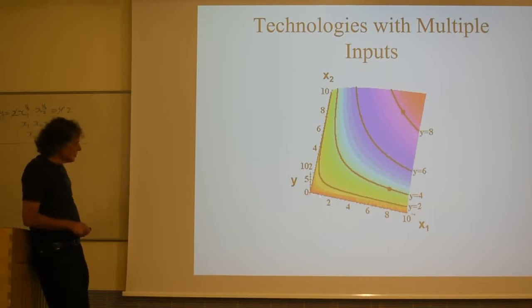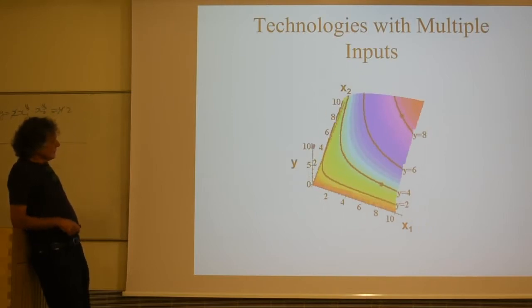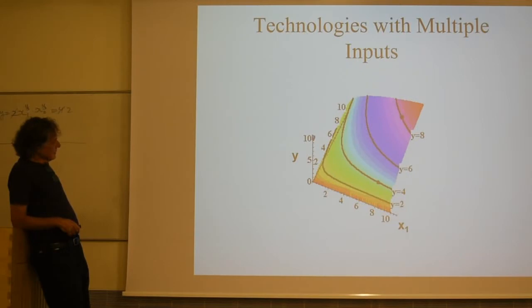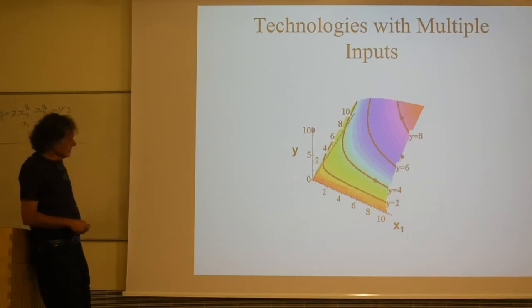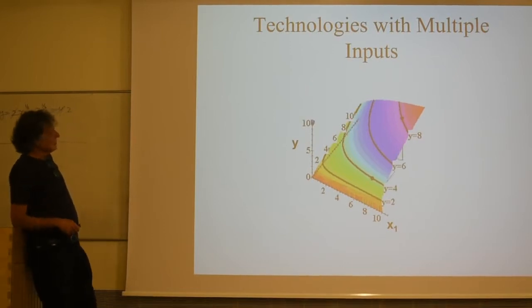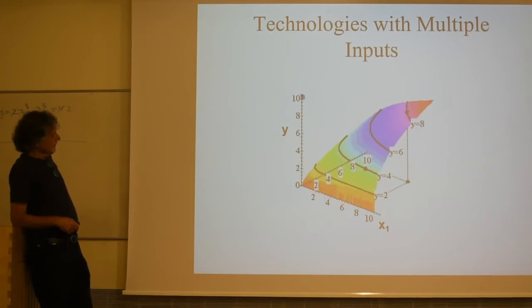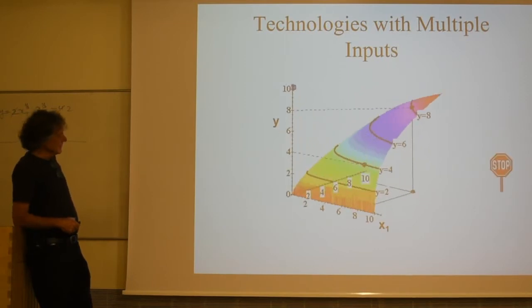See, this is 1, 2, so this refers to 2 units of output. This is x2, this is x1, and this is the vertical y. That's it.